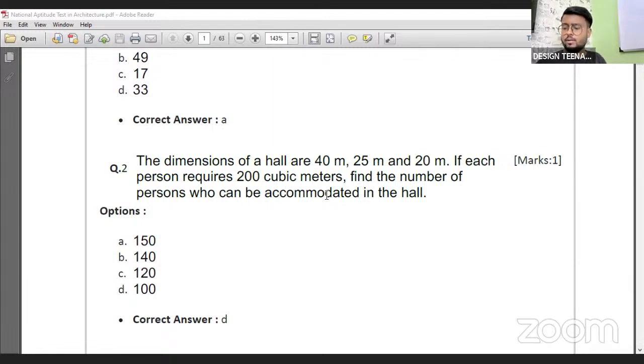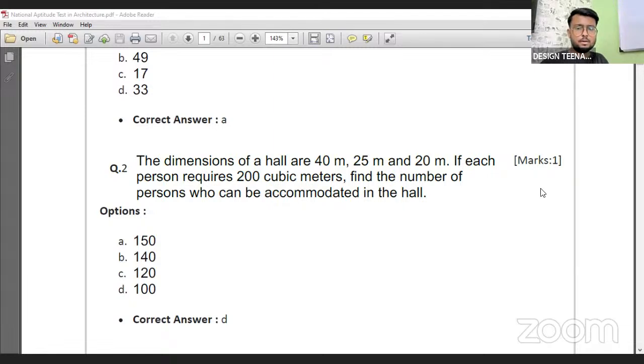Guys, are you there? Am I audible? Yes, sir. What is the procedure to solve this question? We take out the area of the hall.